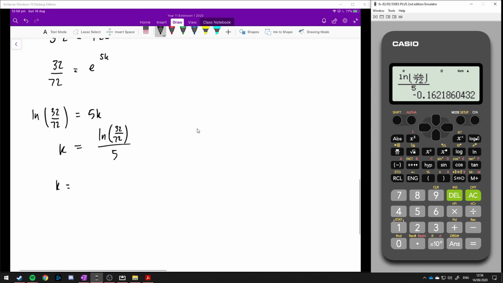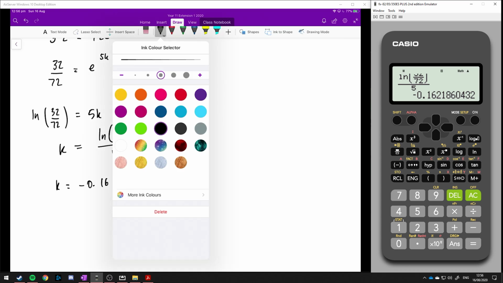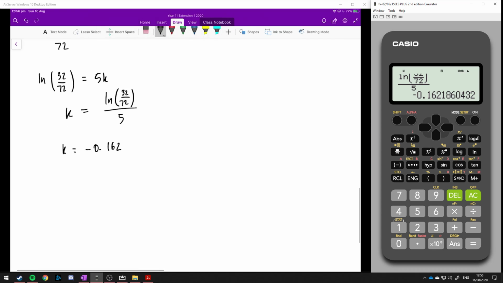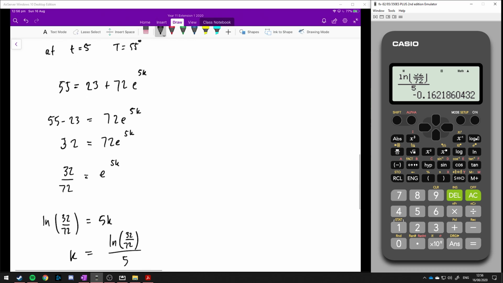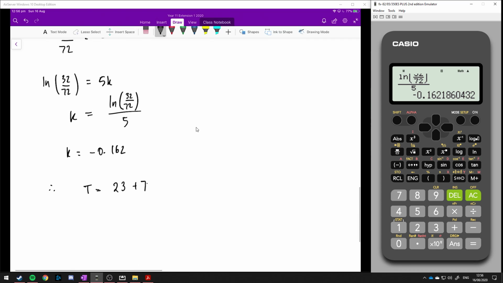So K is equal to negative 0.162. So therefore, T is equal to 23, I believe it was 23, yep, plus 72 e to the negative 0.162t. Okay, there we go. So there's our formula for this.